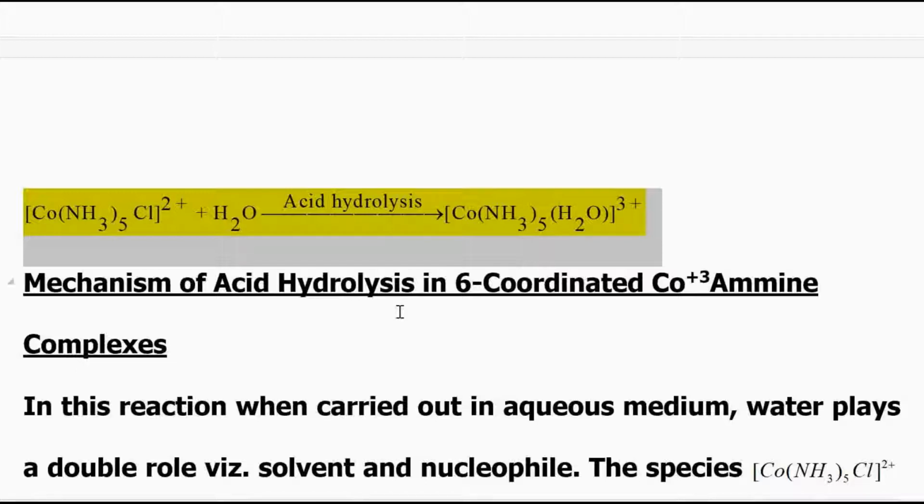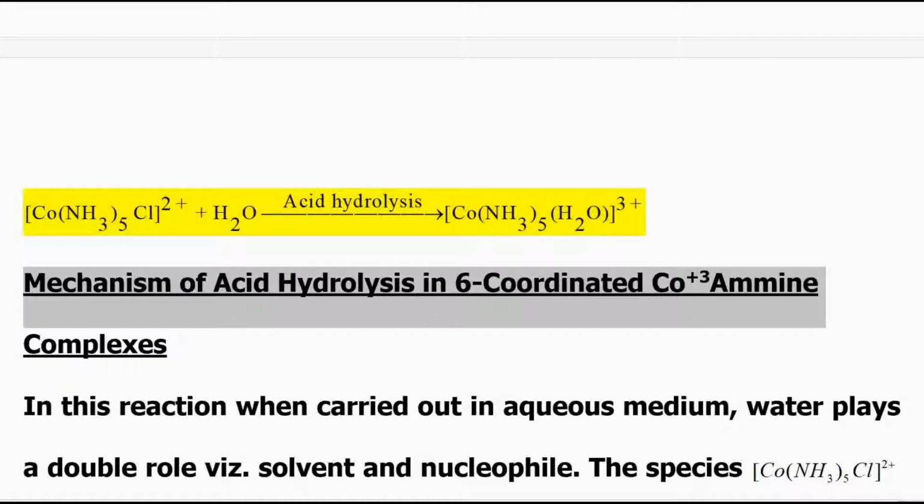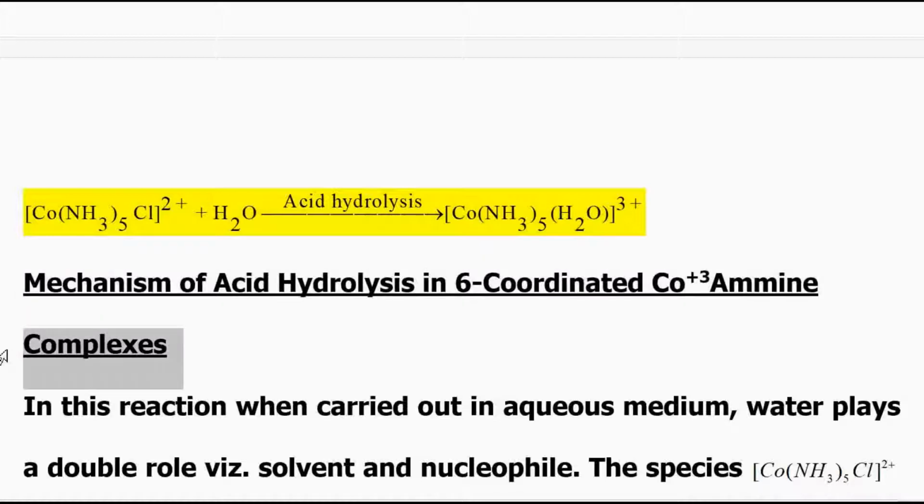Now we have already studied two popular mechanisms of substitution reactions in octahedral complexes. The first one was known as SN1 mechanism and the second one SN2 mechanism. If you have already attended the previous lecture, then just ask yourself a question: what is the main difference between SN1 and SN2 mechanism?